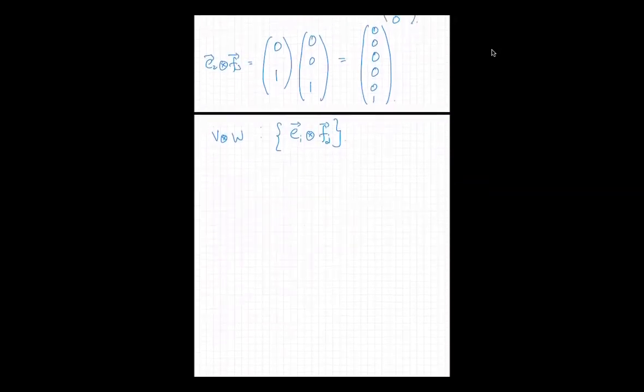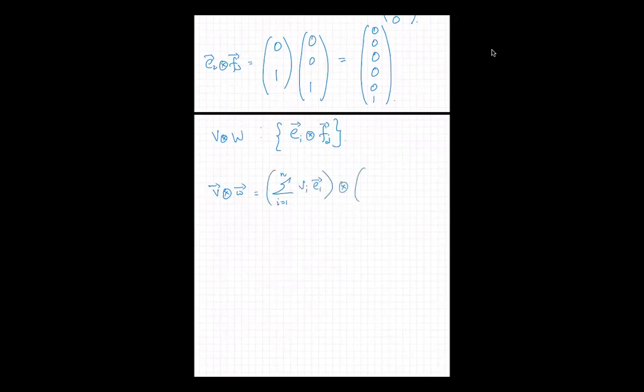So how does a direct product vector look like? V cross W. Well, let's write this out. V in the n-dimensional space, for example, is written as the sum from i equals 1 to n of Vi Ei, right?